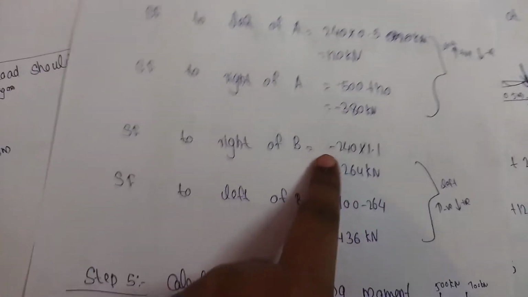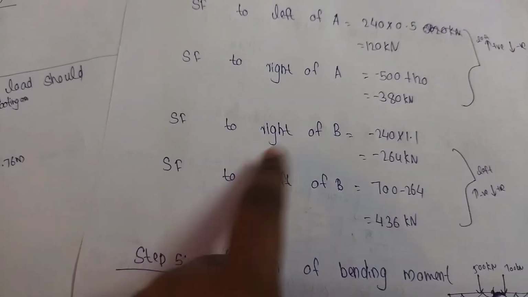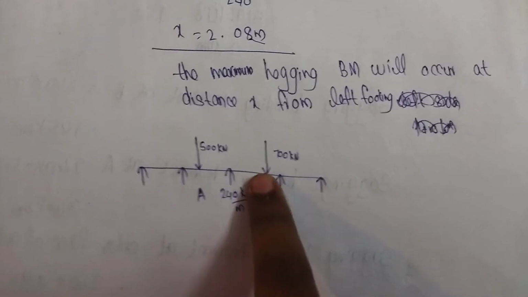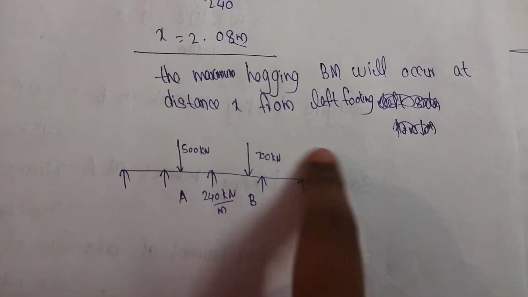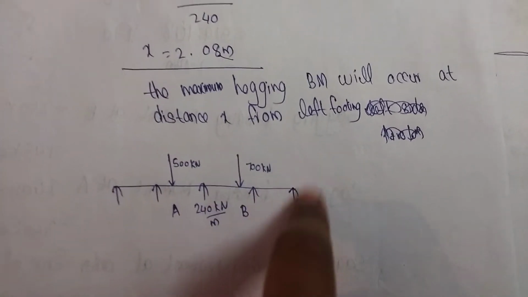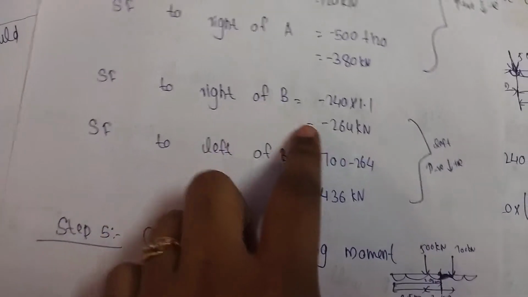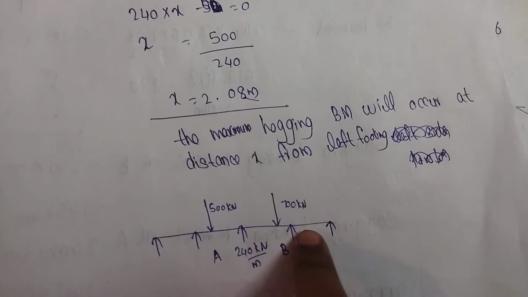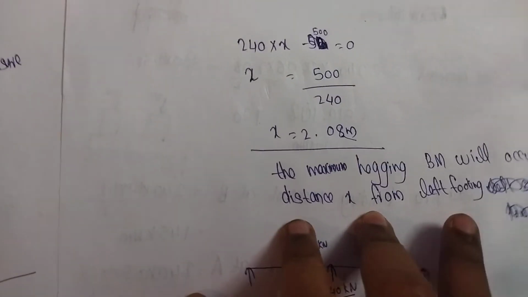That gives the shear force to the right of A. Then the shear force to the right of B. B is this, and to the right of B we only consider this UDL value. On the right side the upward force is taken as negative. So negative 240 into this edge distance, that is 1.1.